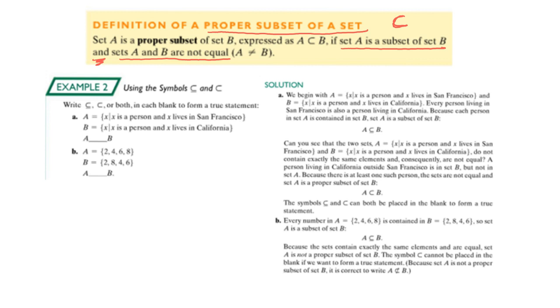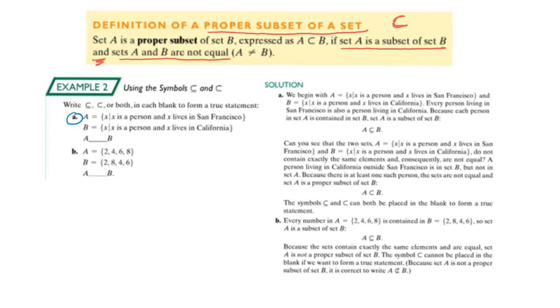So let's take a look at example 2 here. It says write subset, proper subset, or both in each blank to form a true statement. Part A says set A is the set of x such that x is a person and x lives in San Francisco. Set B is the set of x such that x is a person and x lives in California.